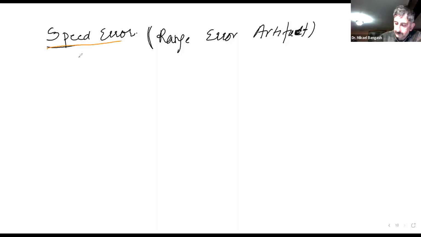And what was the assumption? There was something about the speed of soft tissue, right? But if you read on, assumption number 3: sound travels in soft tissue at exactly 1,540 meters per second. That assumption is being violated here. And that's why we get something known as speed error, or also known as range error artifact.